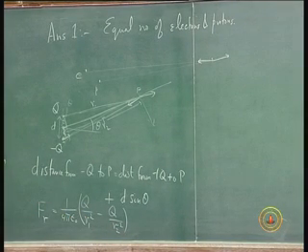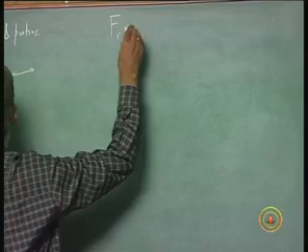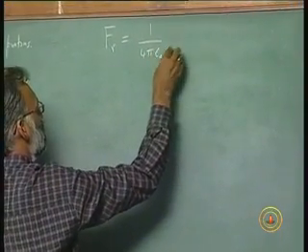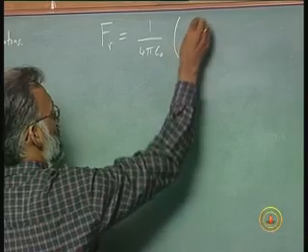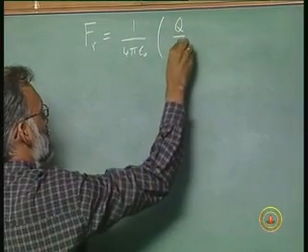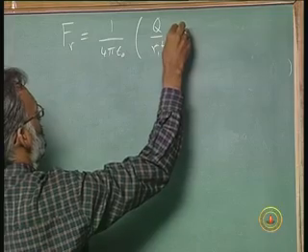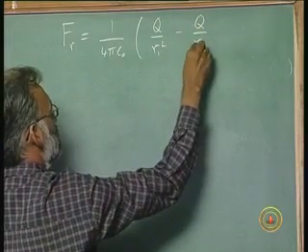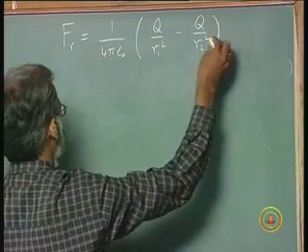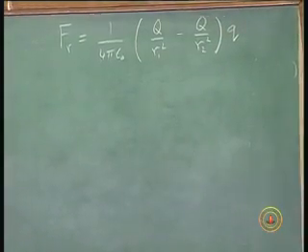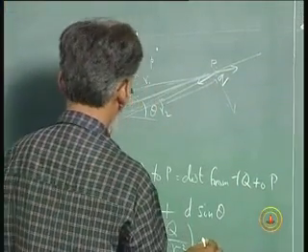So, I can write down what this will come out to. The radial component of the force is 1 over 4 pi epsilon 0 times q over r1 squared minus q over r2 squared times, of course, the charge at the point P. There is a charge small q, which should also be multiplying here.